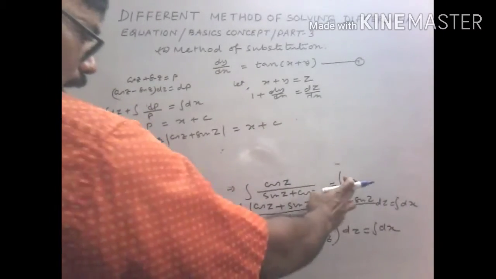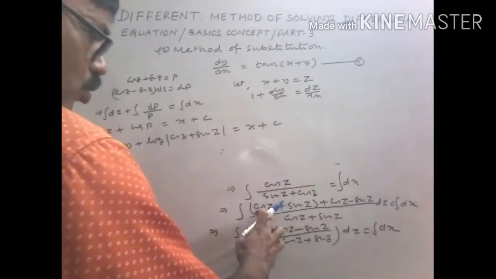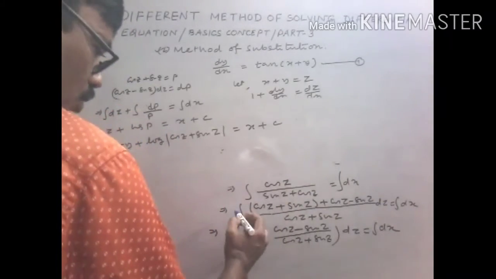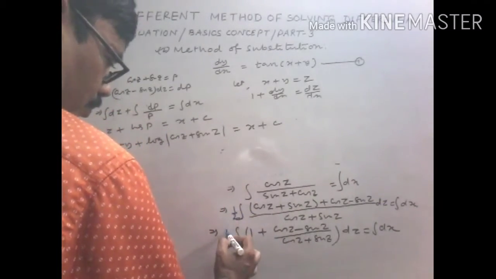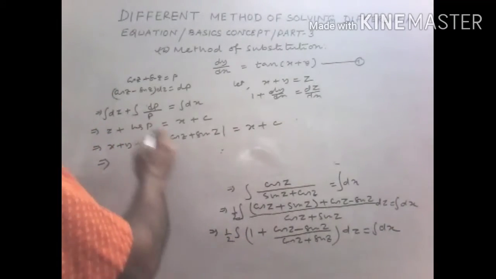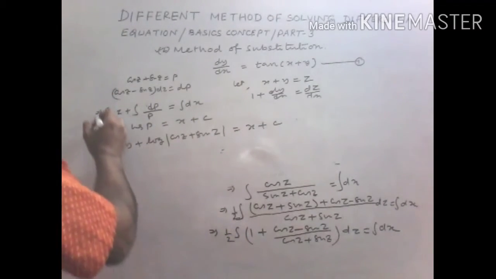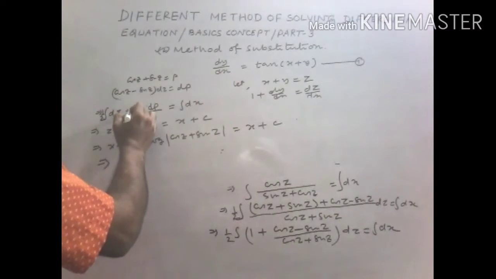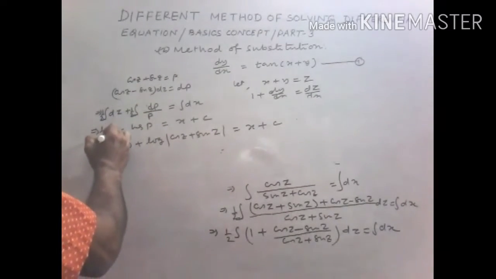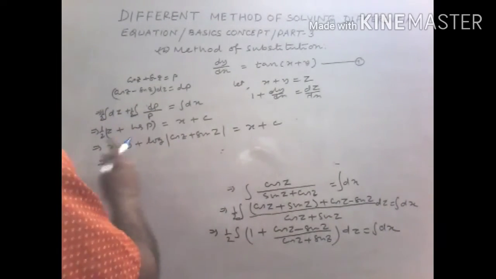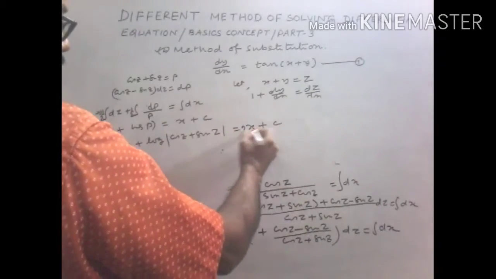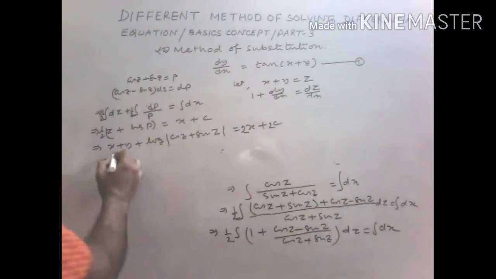So look here, cos z to cos z, but you have to balance it by half. So you can write this as half, or you can write this equals 2x plus 2c.